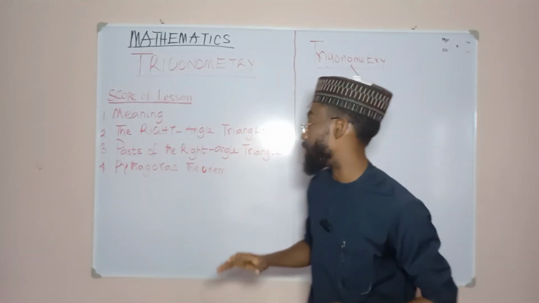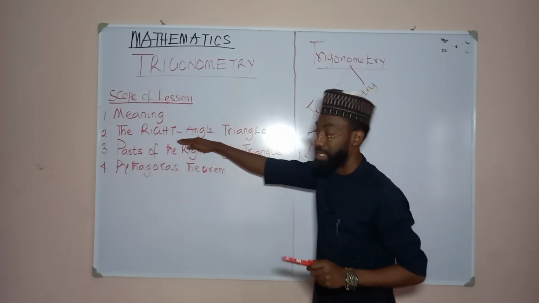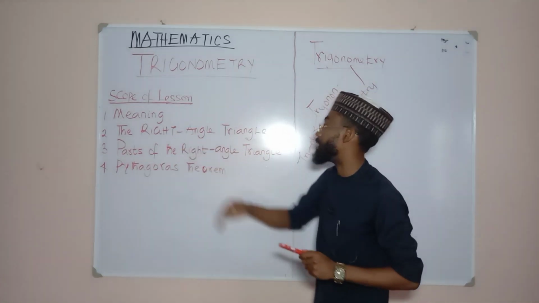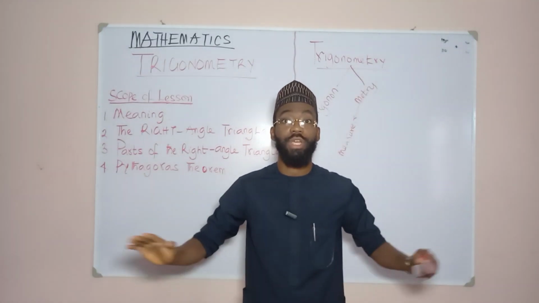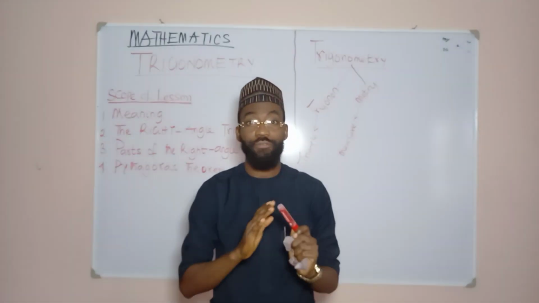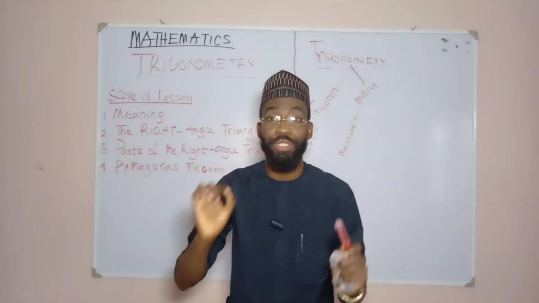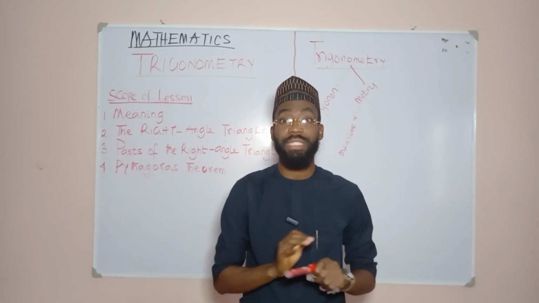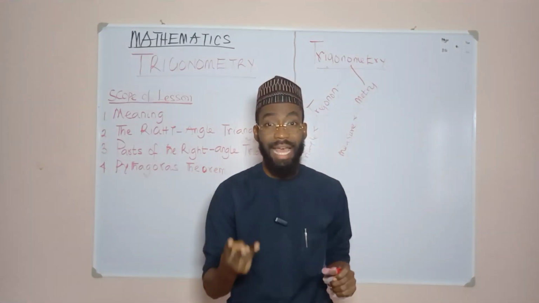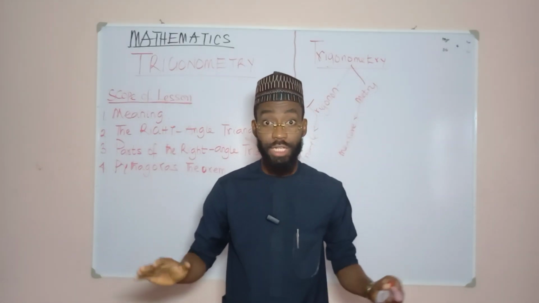So six of them, but we are going to focus on the right angle triangle. Trigonometry is the study of triangles and the relationship between their sides and angles. Don't forget that a triangle is a plane shape that has 3 sides and 3 angles.